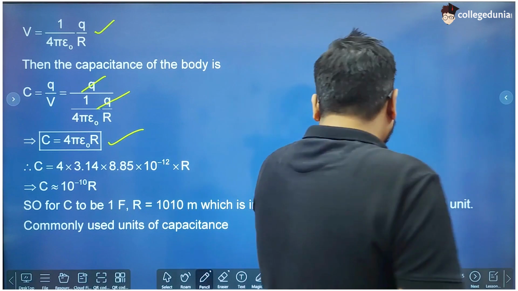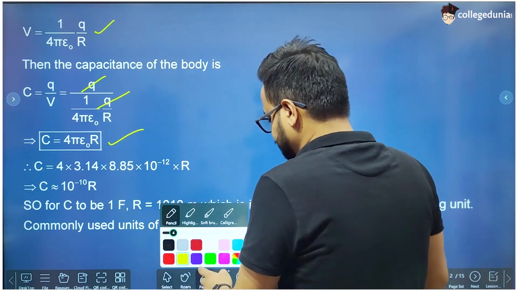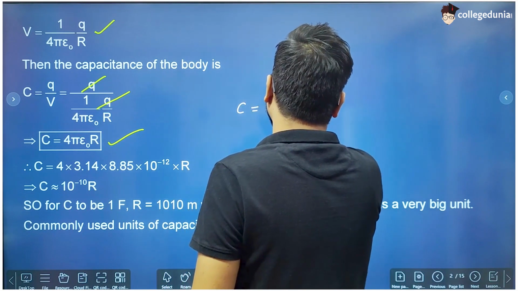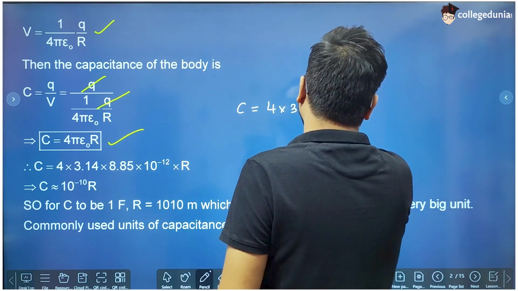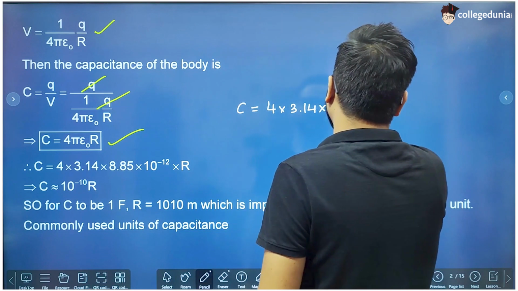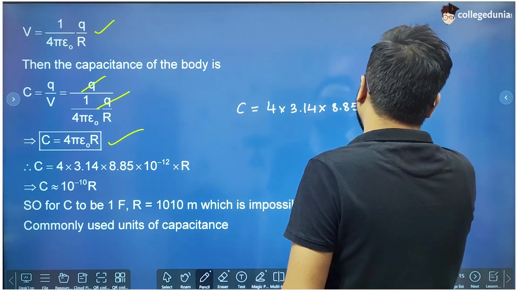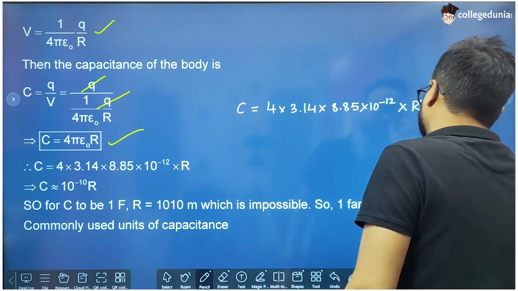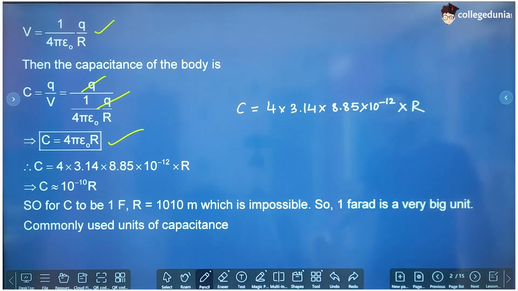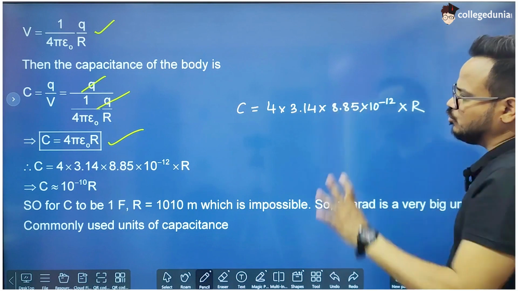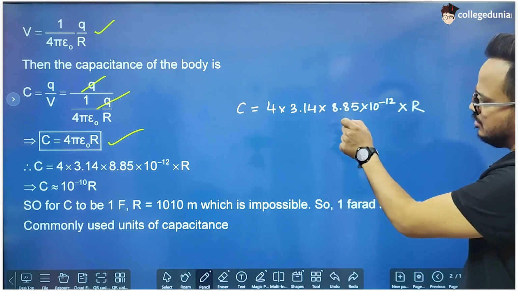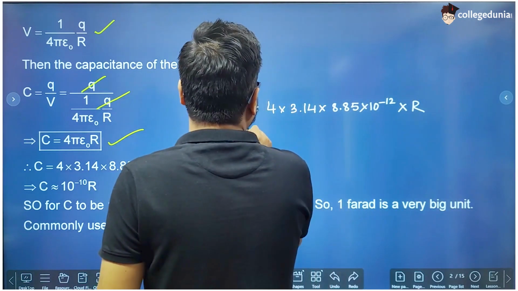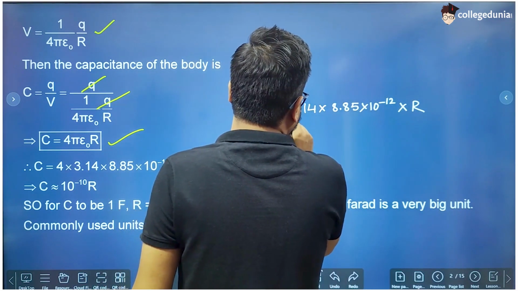Okay. So what is the value of this C? 4 into 3.14 into epsilon naught, 8.85 into 10 raised to power minus 12, into R, right? So 4 into 3 is 12 and 12 into 8 is 96, and this is slightly greater than 8. So this product will approximately be 100.